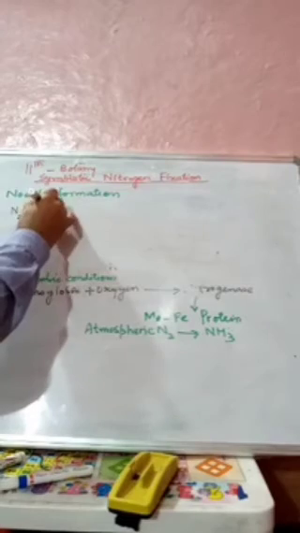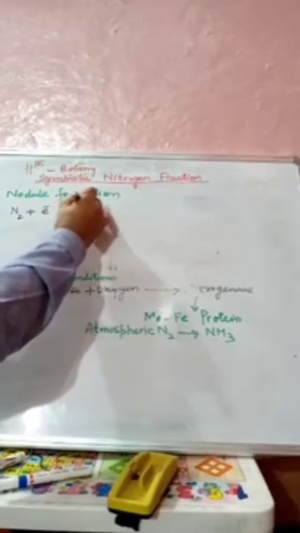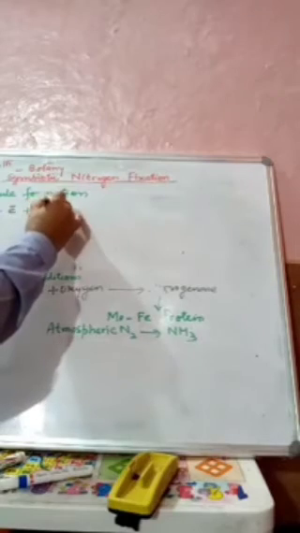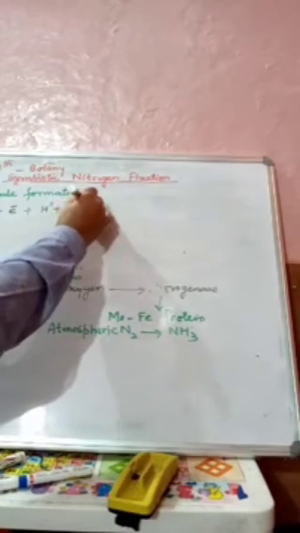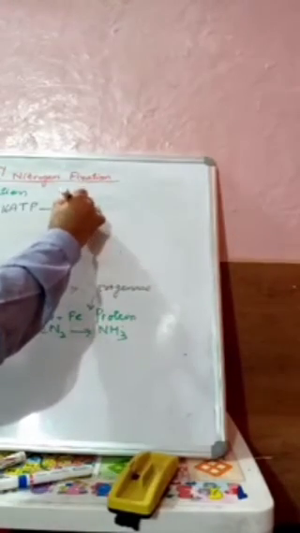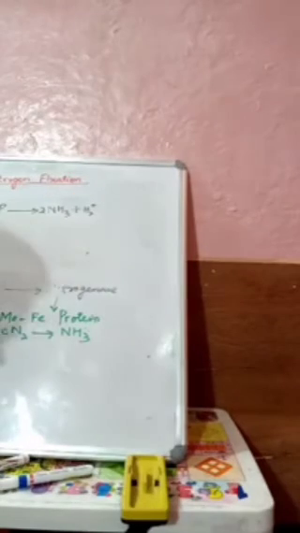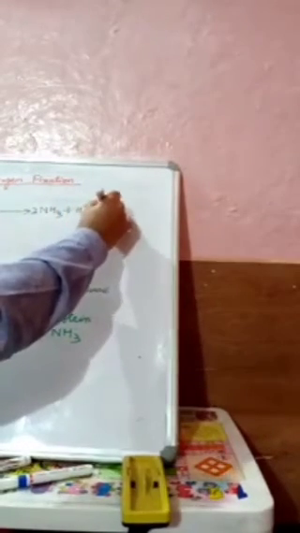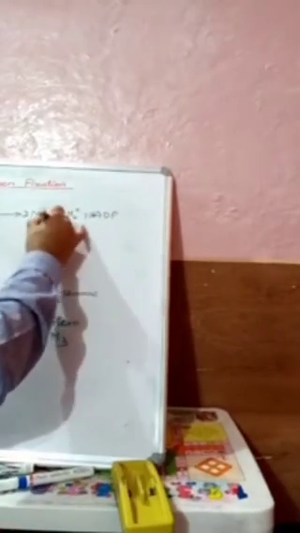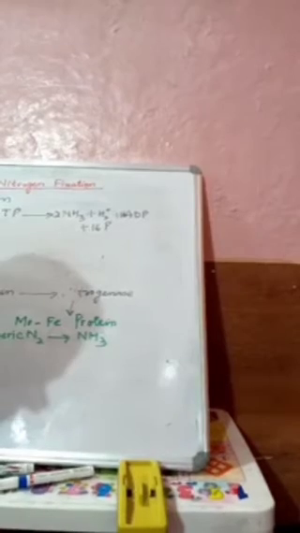The equation will be: nitrogen plus electrons plus hydrogen ions plus 16 ATP gives rise to ammonia plus protons plus 16 ADP, that is adenosine diphosphate, plus 16 inorganic phosphate.